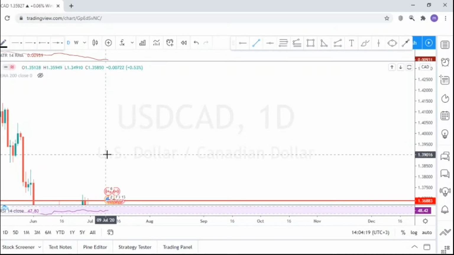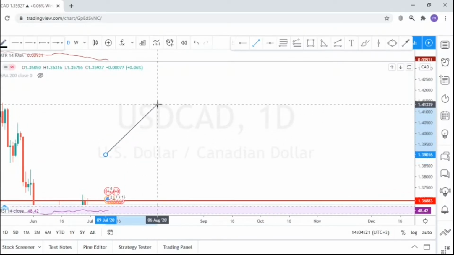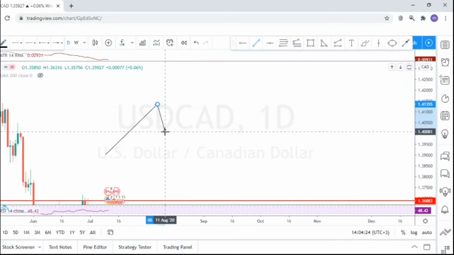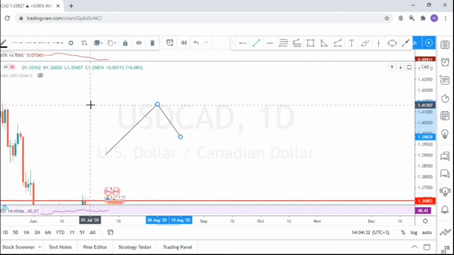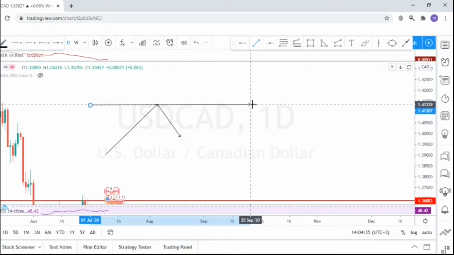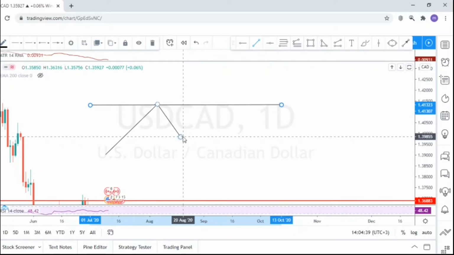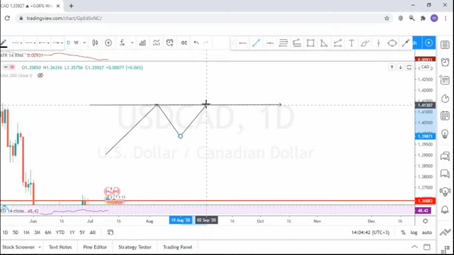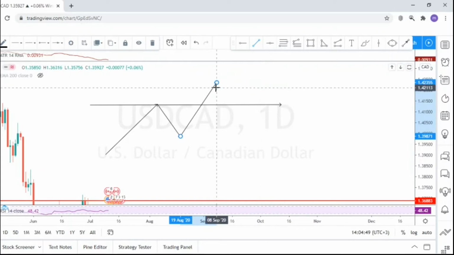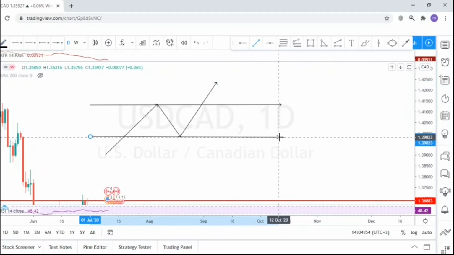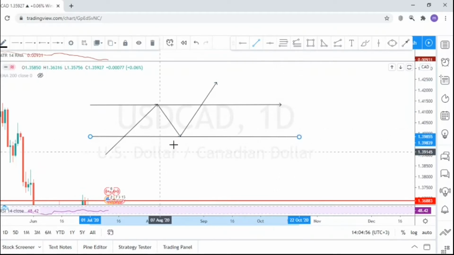Let's say the market is in an uptrend with an impulsive leg, then retraces. Once the market has made this pullback, I draw my horizontal line at the resistance level here, and if this market breaks and closes above this resistance level here, this is a clear indication to me that this market is likely to continue in an uptrend as long as it does not break and close below this support level.